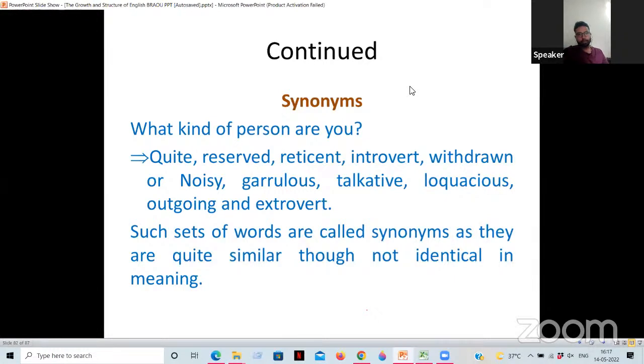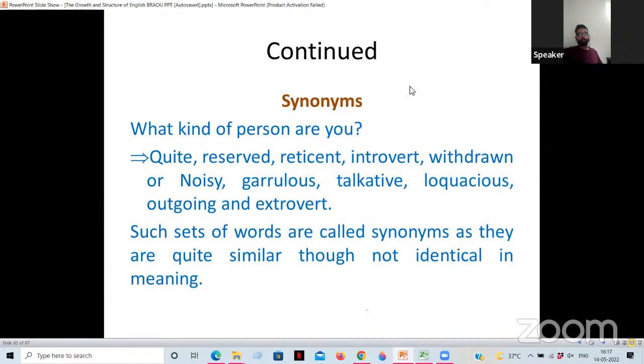Synonyms is nothing but similarity of meaning. As for example, see the question that I have put over here: What kind of person are you? If you ask someone what kind of person are you, you will get either some positive answers or some negative answers. So the words here, like quiet, reserved, reticent, introvert, withdrawn.